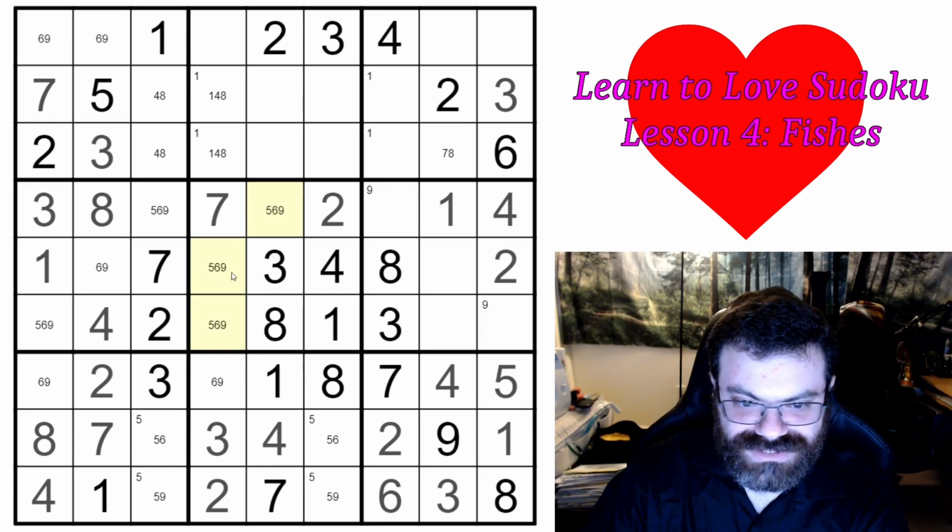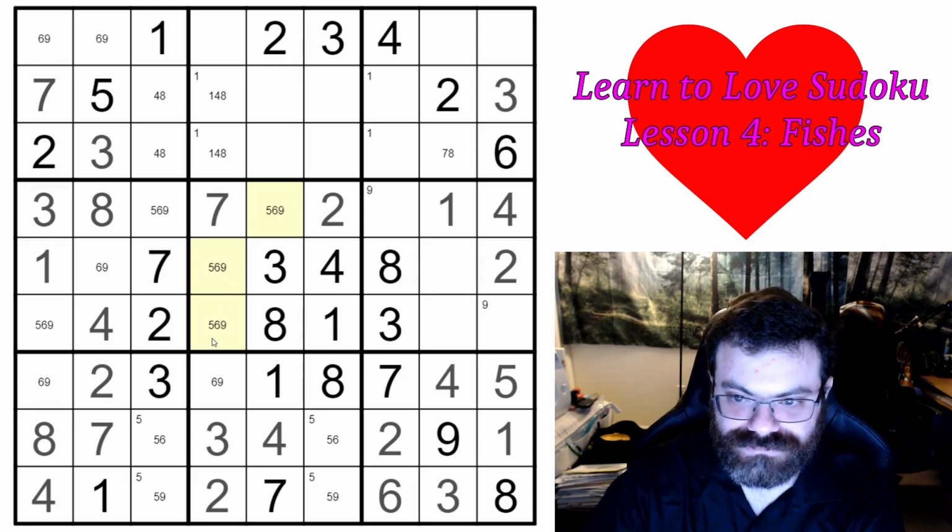What's going to resolve these 5, 6, 9s? Somewhere that sees a 5 and a 6, or a 5 and a 9. This is also 5, 6, 9, but it can't be 6.